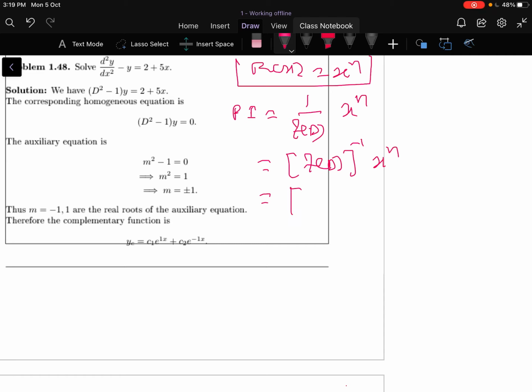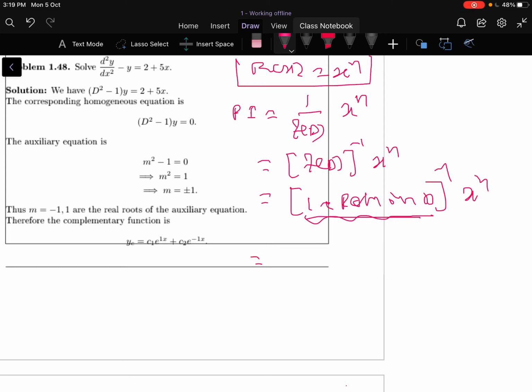This can be written as 1 plus a polynomial in D whole power minus 1 into x power n. This can be expanded by the binomial expansion in ascending powers of D. You have to terminate these infinite terms here. We have to terminate the polynomial in D up to D power n.